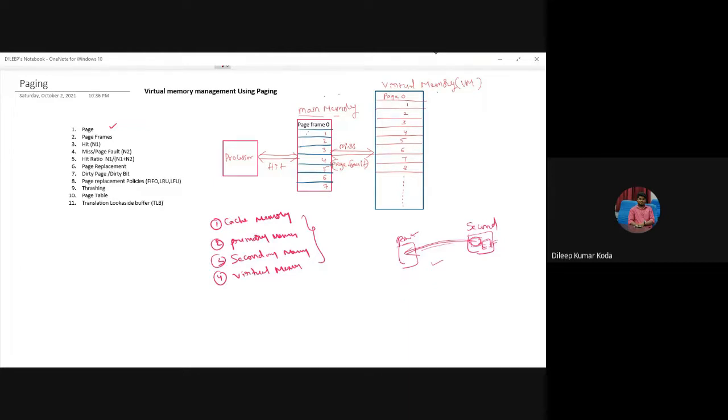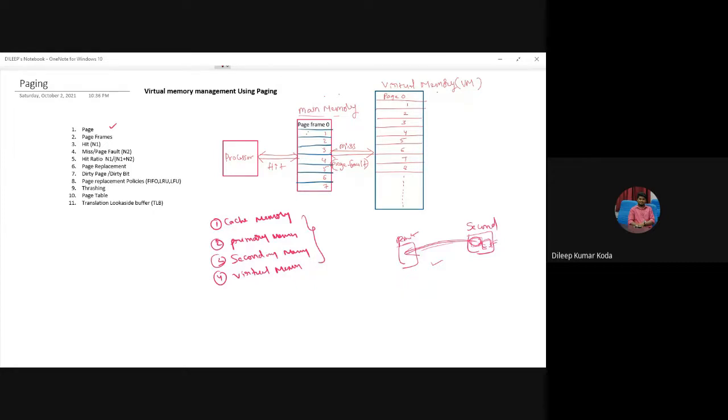When it comes to main memory, the block name is page frame. And when it comes to virtual memory, the block name is page. Each page and page frame has a unique address or unique number.